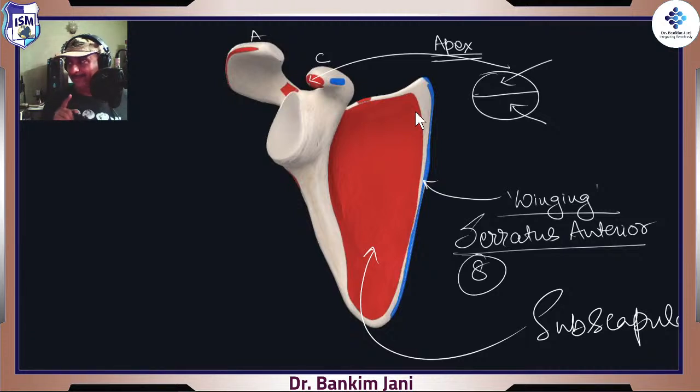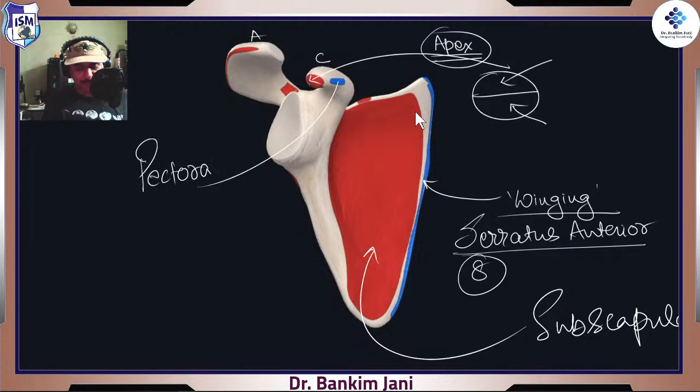Well, Daksh, remember, this is the catch. I'm talking about the apex. I'll make your confusion a bit easy. You said pectoralis minor. Here is pectoralis minor. So now that part is done. We are talking about exactly the apex.